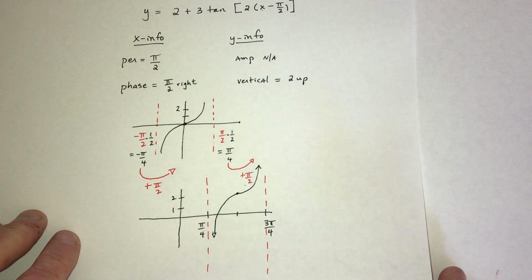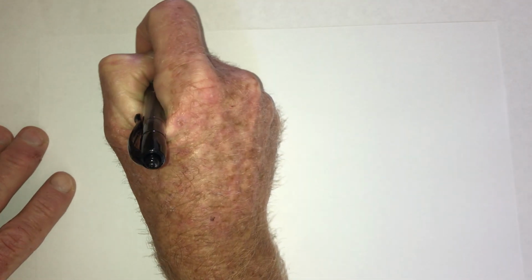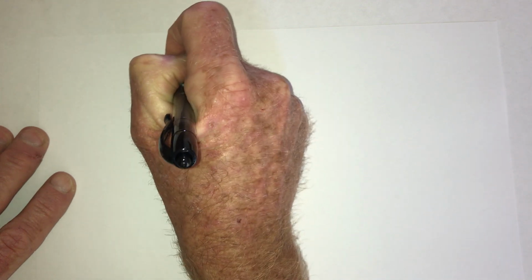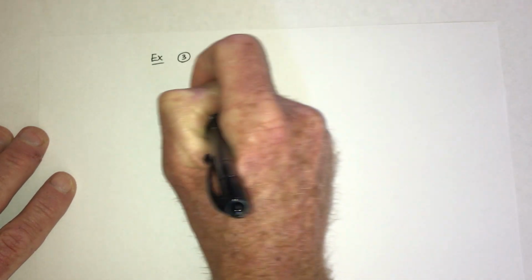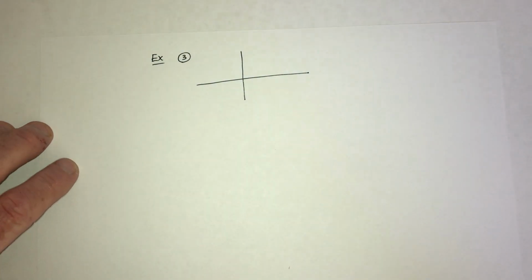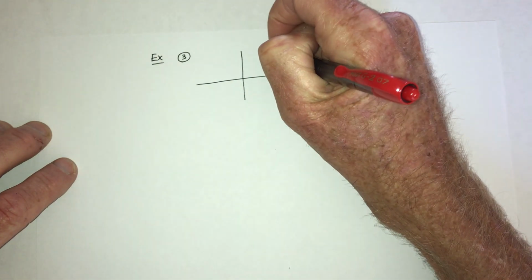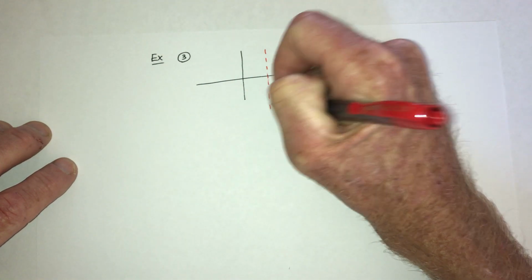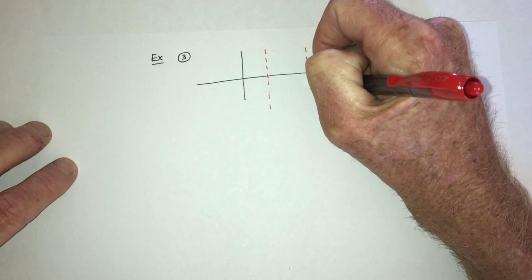Okay, then on to example number 3. For example number 3, I'm going to draw the picture, and then you come up with the function. So it's got these two asymptotes.